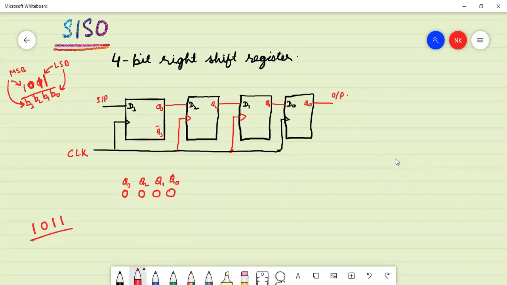So what will happen here? I am putting here the clock, CLK. Now, the page is not going upward.